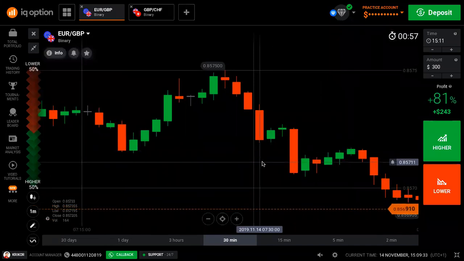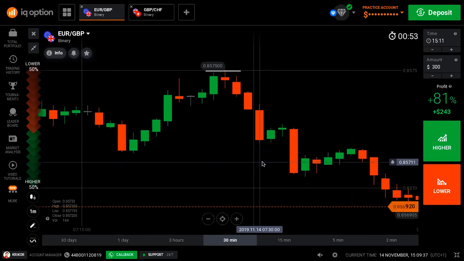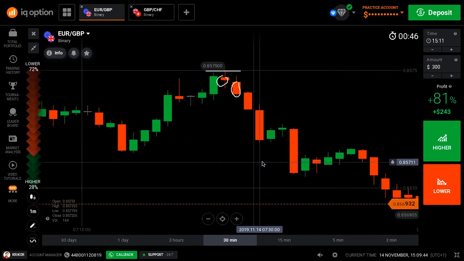Okay, this one. You see the spinning top? Yes. What if the next candle is a momentum candlestick? And I know you have to go down, right? Yes. But now you see, two strategies are happening at the same time.